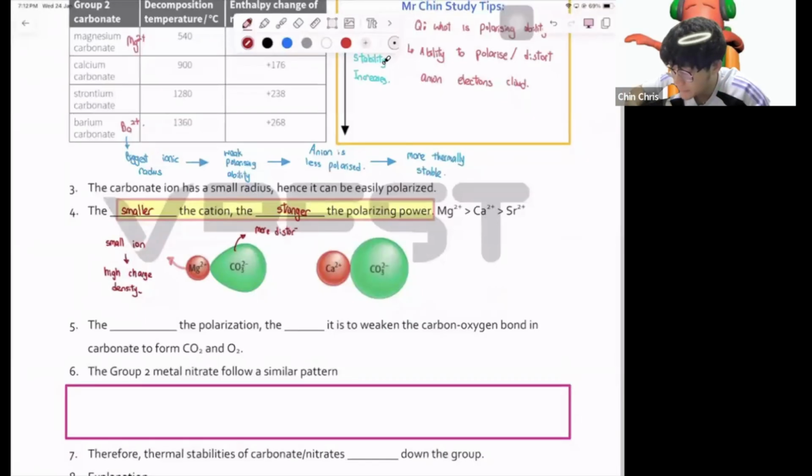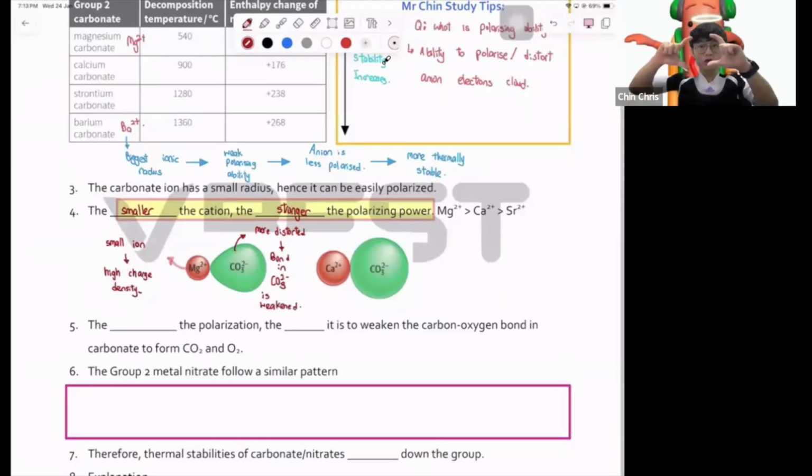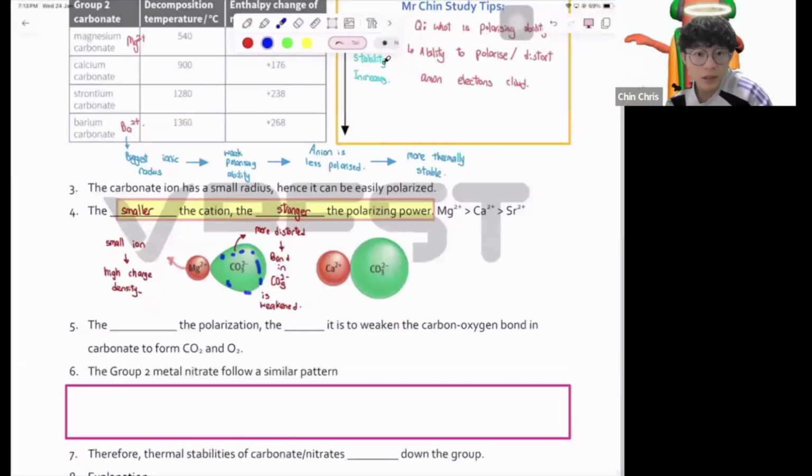When it is distorted, the bond in the CO3 2- is weakened, which means it gets decomposed easily. The electron cloud of the CO3 2- is being disrupted, which means the bond in the CO3 2- is weaker now. So it will decompose at a lower temperature. Done.